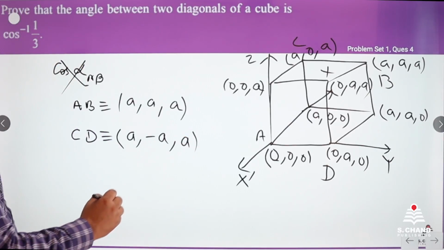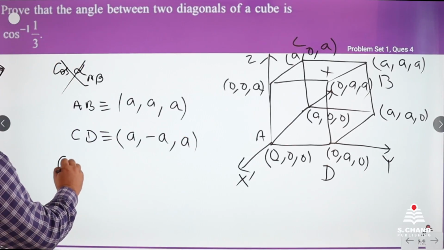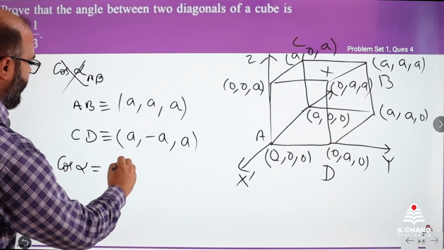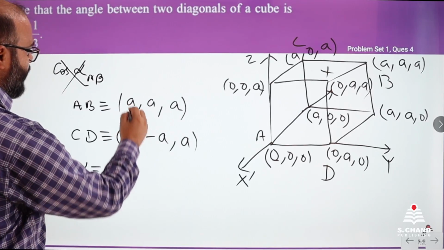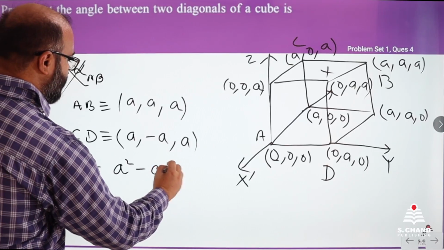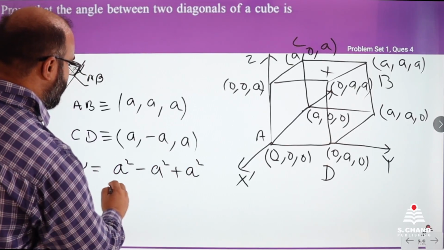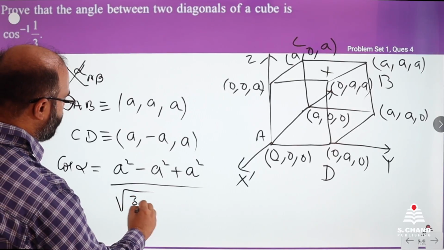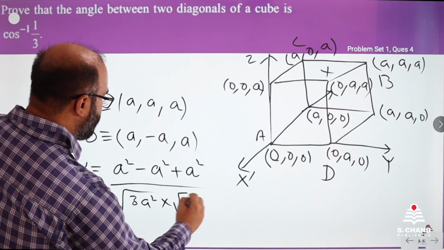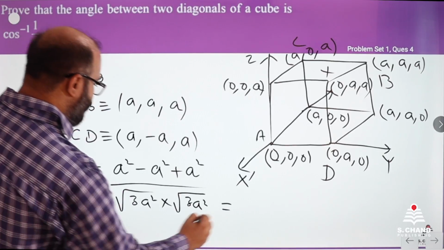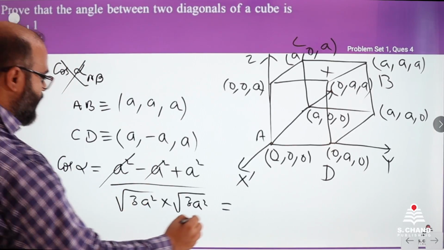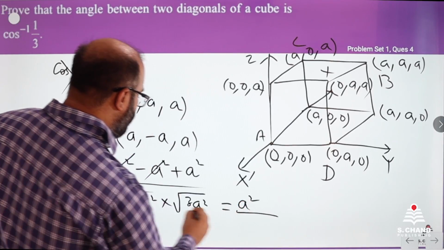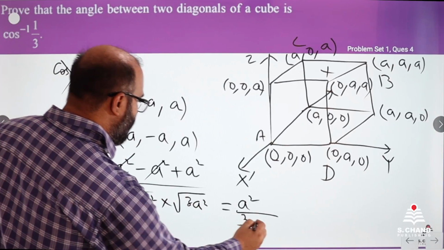Now if you take the angle between them, cos alpha, so it will be a square, that is the dot product of this, that is a into a, minus a square plus a square, like this, upon root over sigma a square. So root over 3a square into root over 3a square. So this will become equal to a square by 3a square.